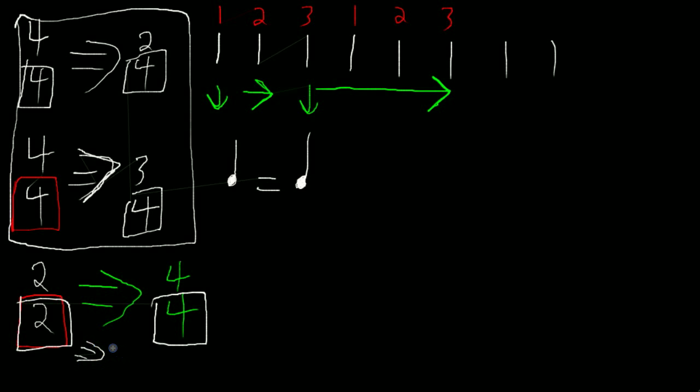So right here, we would write down 1 over 2. So that's a half. That's telling us that in 2/4 time, a half note is going to get the beat. But then when we put 1 over this 4, we're going to something that has a quarter note getting the beat.